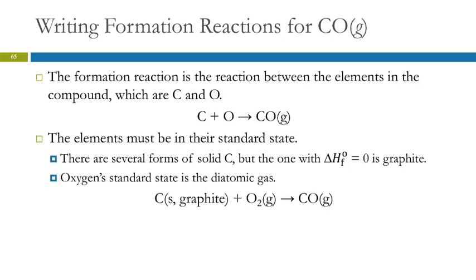So there's different forms of solid carbon, but the one in the table with a heat of formation of 0 is graphite. So this is carbon in the solid state, and it's graphite as opposed to being diamond. And oxygen, its standard state is O2, gas. So we have our 2 different reactants here and our product. This is not balanced yet, though. Any questions yet?